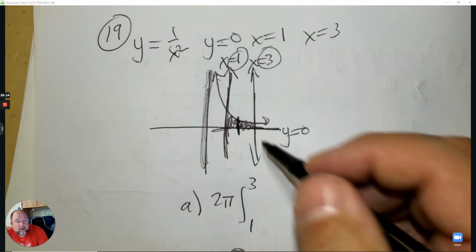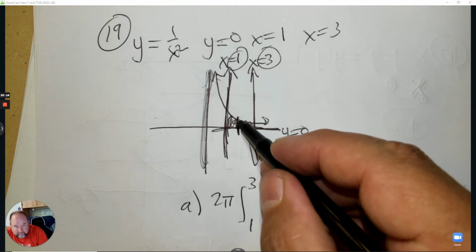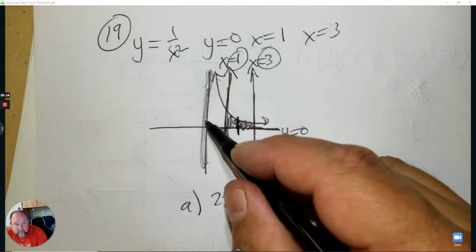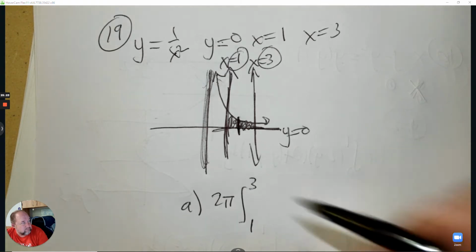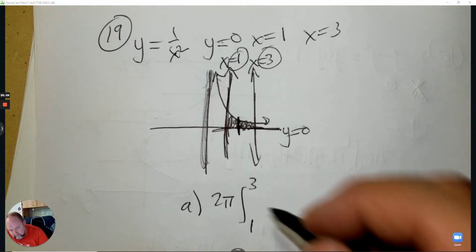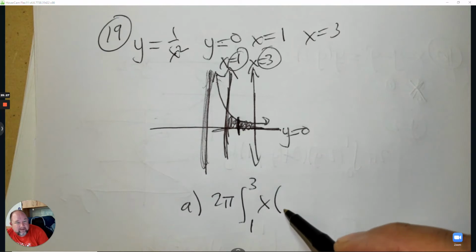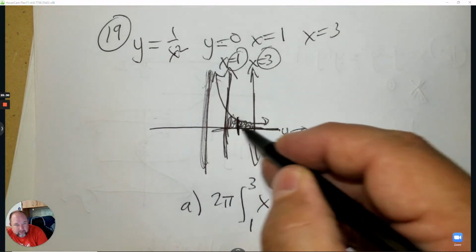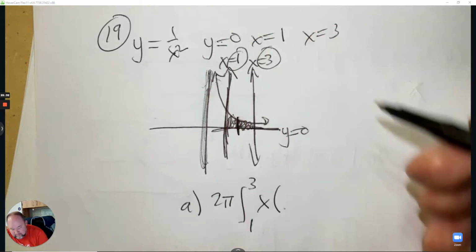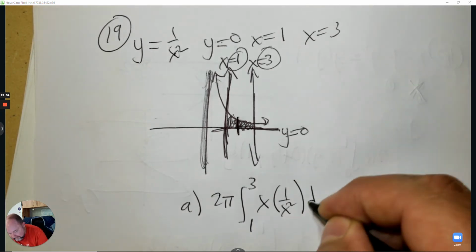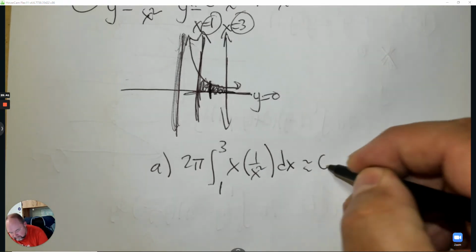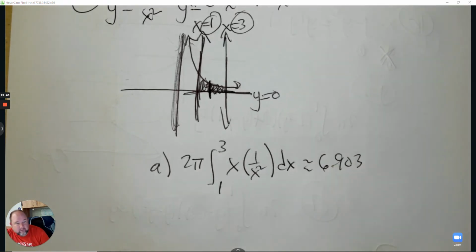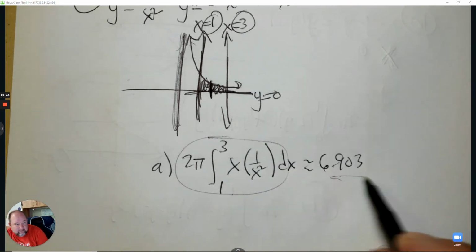It goes 1 to 3. And the radius is the x-coordinate, subtract 0. And the height is the top, subtract the bottom. And the top is 1 over x squared, subtract 0. If you type that in your calculator, it's 6.902 or 3. So you can try it out. Type it in and see if you get that answer.